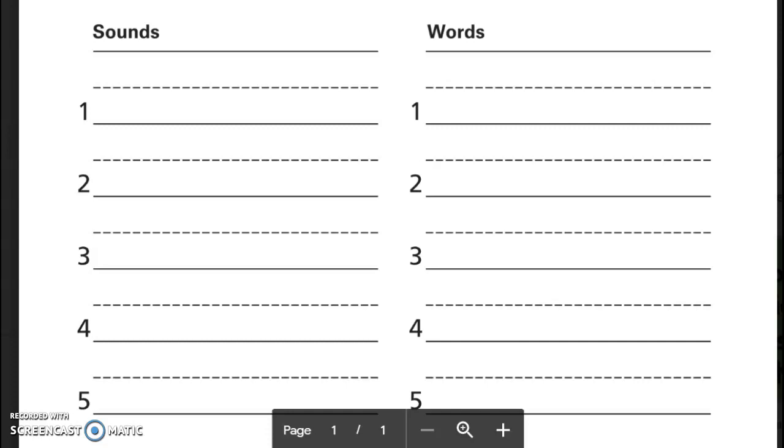Lost. O, a, s, t, lost. And the last word is left. O, e, f, t, left.